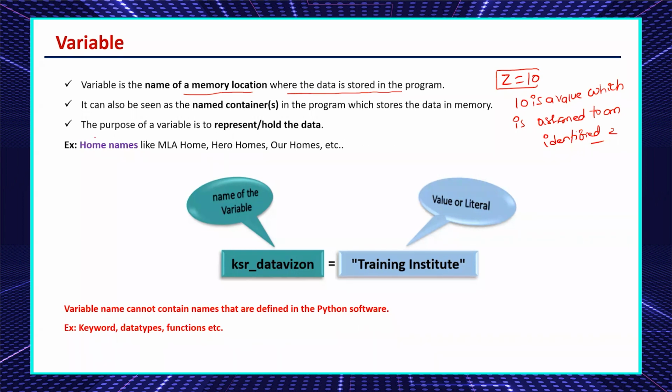As an example, an MLA's home. Suppose I ask you, who is a famous cinema star, movie star? Everyone knows. Let's say Prabhas. Prabhas is the pan-India hero, right? Everyone knows about him. Where does he stay?